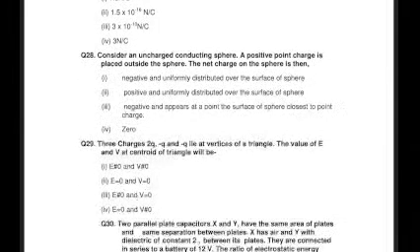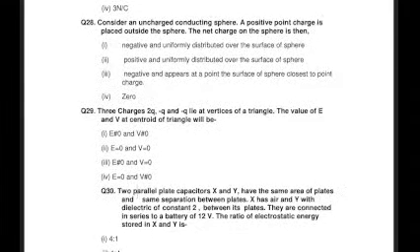Question number 29. The three charges 2q, -q and -q lie at the vertices of a triangle. The values of E and V at the centroid of the triangle will be: 1. E not equal to 0 and V not equal to 0. 2.